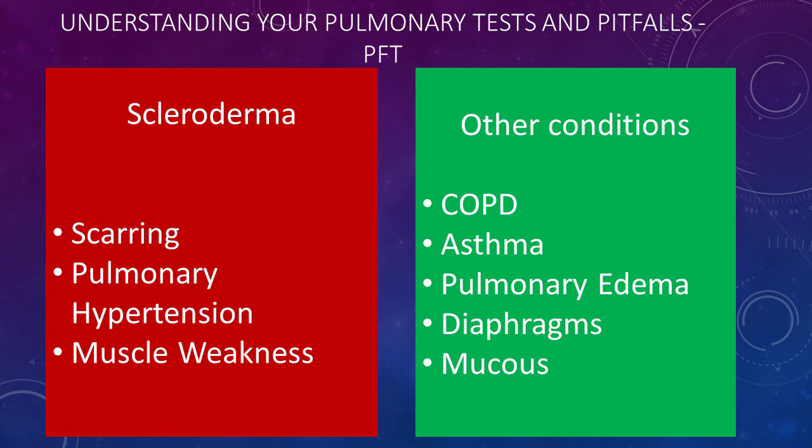So for every aspect of the PFT, we have to ask ourselves, what is it telling us? What is it telling the provider? And I have to correlate that with my patients. I know scleroderma can cause, for example, a reduced diffusion capacity, the DLCO. We talked about air getting through the lungs to the alveolar sacs, and the alveolar sac is wrapped around with blood vessels.